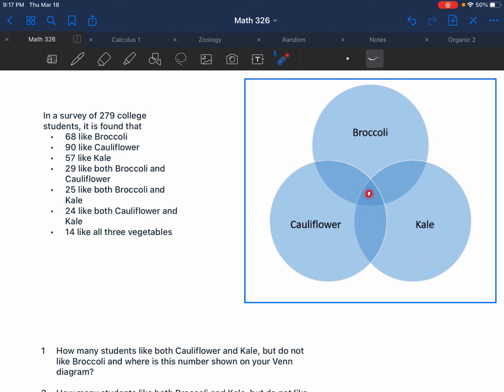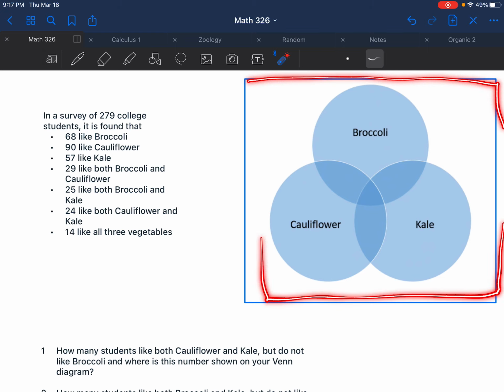And we're basically going to be working from the inside out. So we're going to start with the spot where everybody likes something, and then we're going to do the spots where they only like two things. Then we're going to do the spots where they only like one thing, and then we're going to do this box out here, which is everybody else, people that don't like any of them.